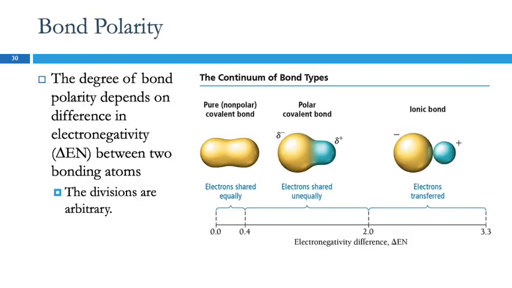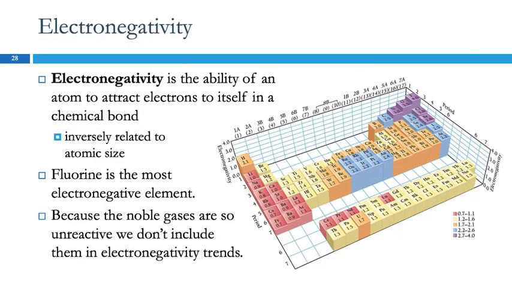So let's go back and look at this table here. Here's carbon, 2.5. Here's hydrogen, 2.1. So the difference there is 0.4, which is right on the edge of nonpolar and polar, but it's considered nonpolar.